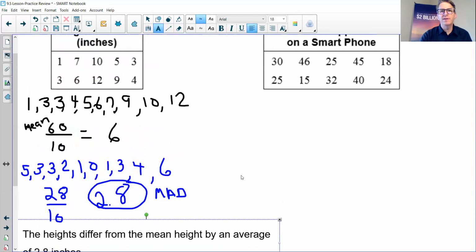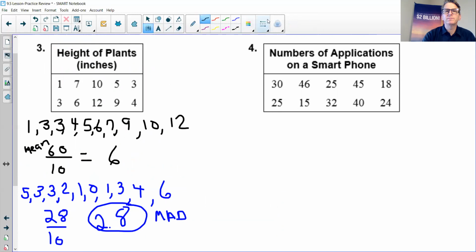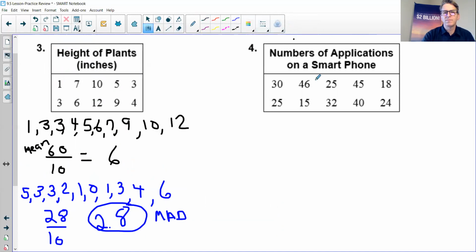Number 4 is number of applications on a smartphone. Okay, so I'm going to lay this out. I've got 15 applications. I'm going to start way over here. I'm going to change colors too.